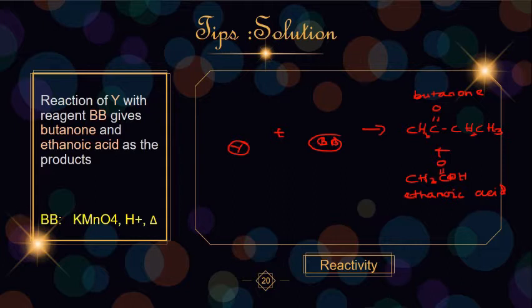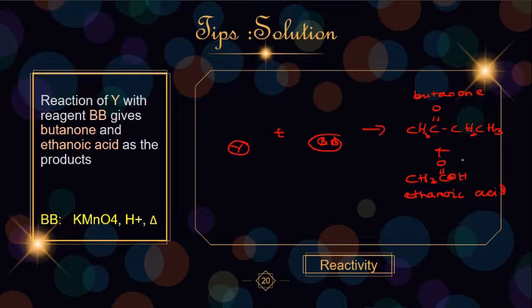If you can see these structures, reaction of Y with the reagent BB gives butanone and ethanoic acid. Recall the reactions of alkenes. There are two reactions of alkene which can give this structure, both oxidation reactions. Oxidation of alkene we have two: oxidation using a strong oxidizing agent, for example KMnO4/H+, and another one using ozonolysis, ozone as a reagent.